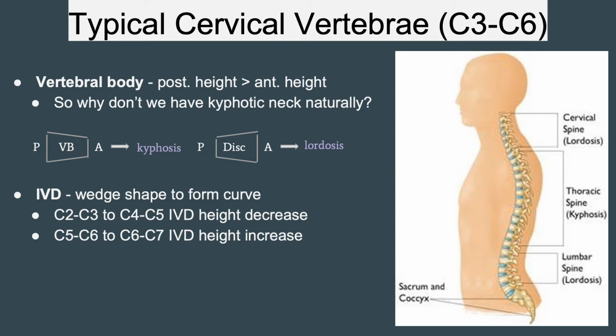But most importantly is knowing that in the cervical spine, the vertebrae themselves are going to create a kyphotic curve, and the intervertebral discs compensate for that, and they are exclusively responsible for creating that lordotic curve. And as we go through this kind of repetitive information, you'll see that the same is not true of the thoracics and the lumbars, which is why it's important to recognize what is special in the cervical spine.